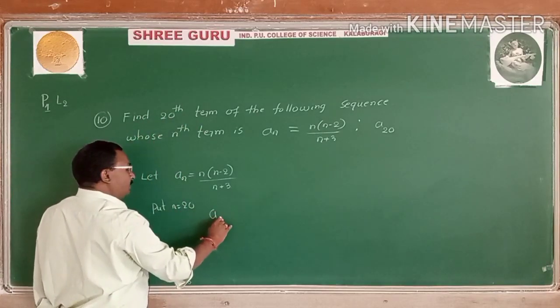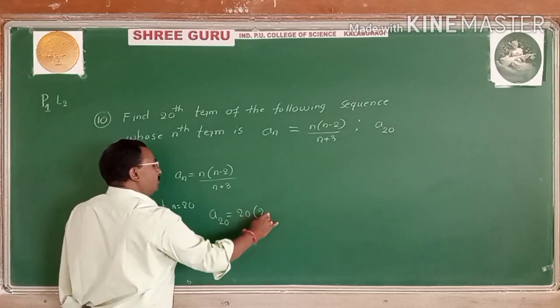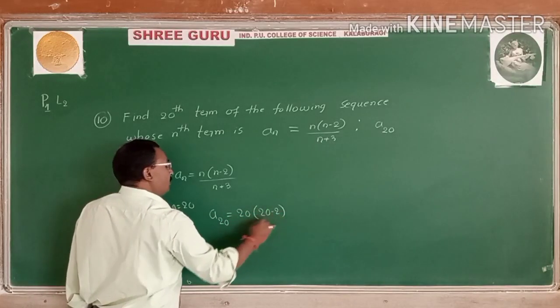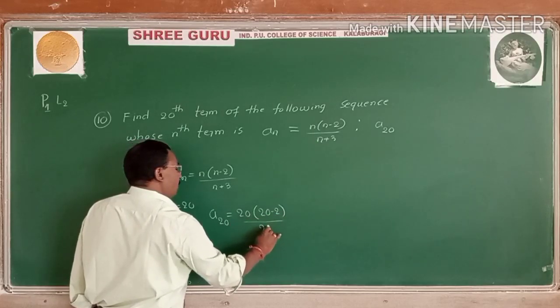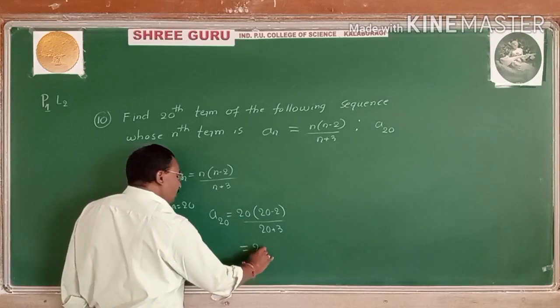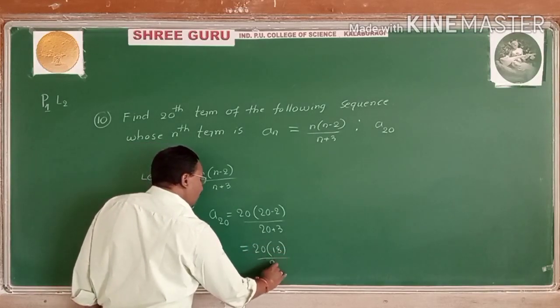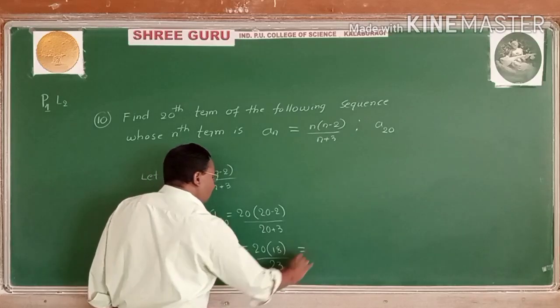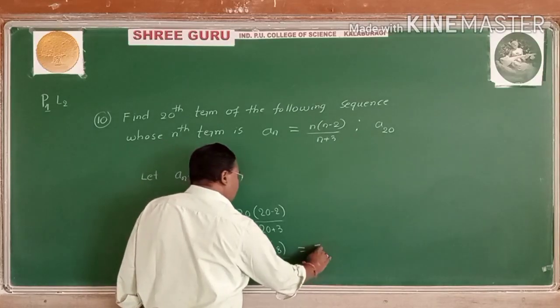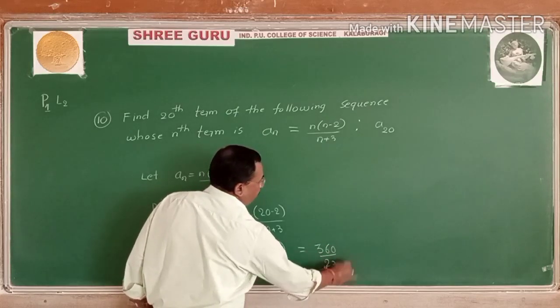A20 is equal to 20 into 20 minus 2 divided by 20 plus 3, that is 20 into 18 divided by 23, which is 360 divided by 23. This is the value.